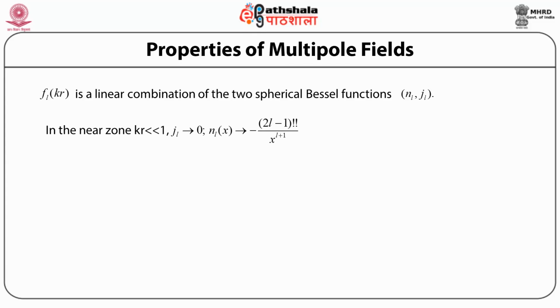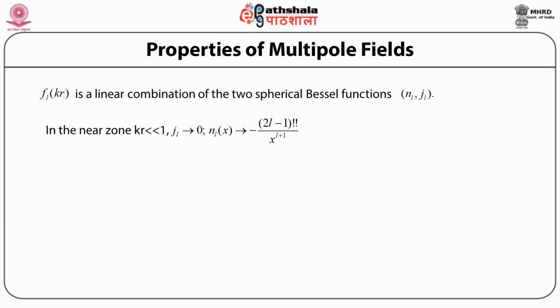In the near zone where kr is far less than 1, we have j_L tending to 0 and n_L(x) tends to minus (2L minus 1) factorial divided by x raised to power L plus 1.